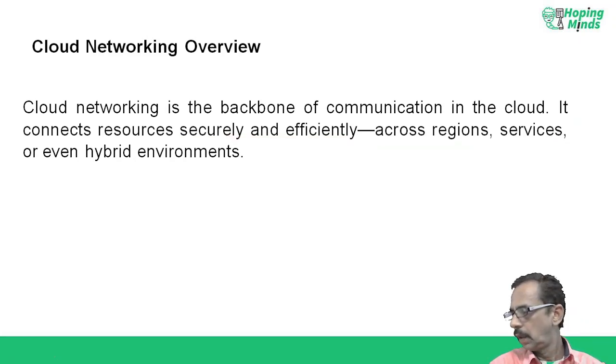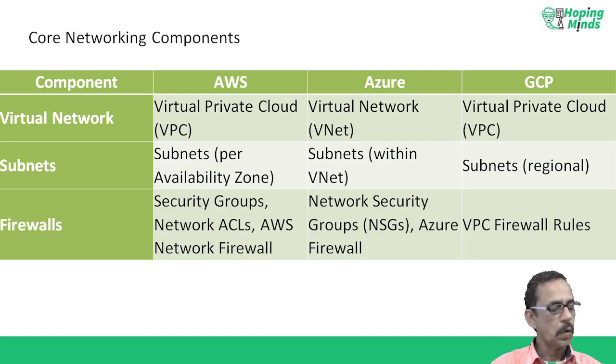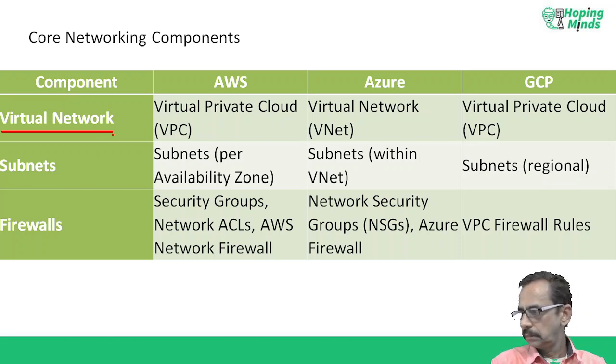Okay. So what can be the different components? The very first thing that comes is the virtual network that you create. In case of Amazon, it's called VPC.